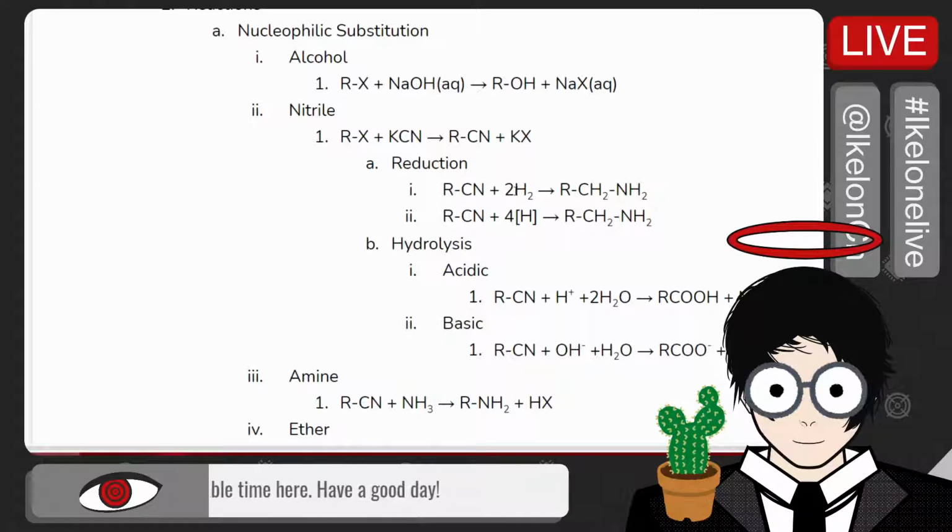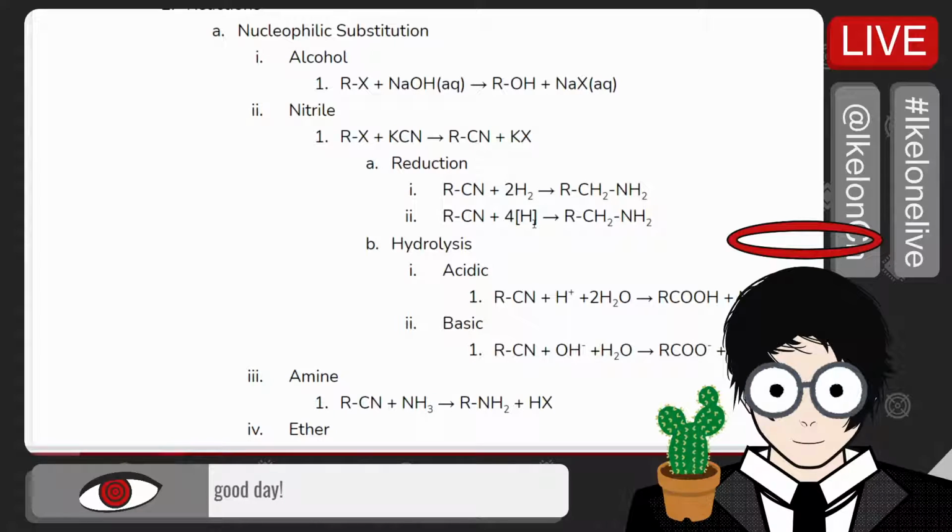Now, the thing to note is that from the first way, the CC double bond will also be reduced because that's how it works. I don't know how to explain it. But for the second way, the CC double bond will not be reduced. Only the CN bond will be reduced because the compound goes through the reduction via the H minus nucleophile.